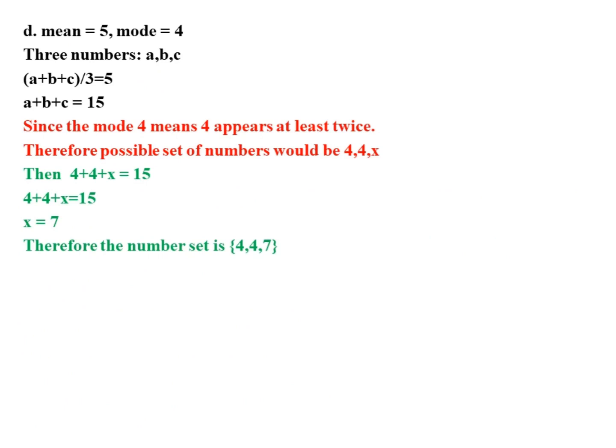Coming to the last part of question number 13, part D. It says to find the set of three numbers if the mean is 5 and the mode is 4.